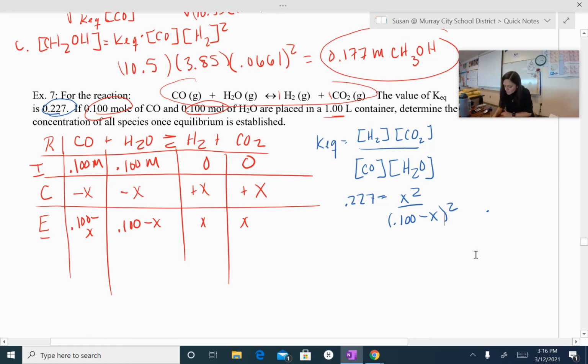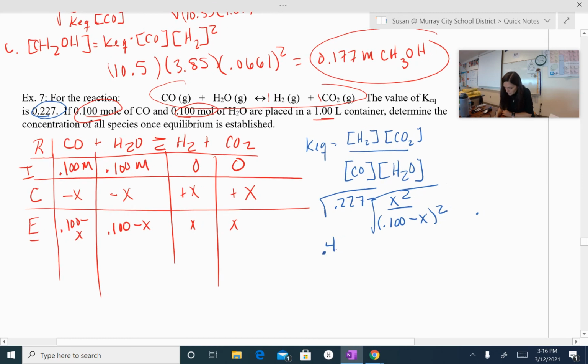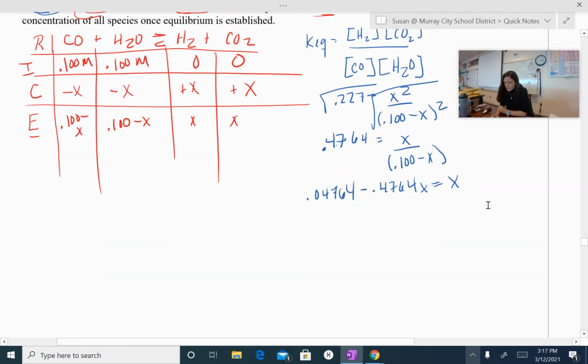So we're going to take the square root of both sides, okay, and we get 0.4764 is equal to X over 0.1 minus X. Okay, so we're going to get 0.04764 minus 0.4764X is equal to X. There's my mistake.